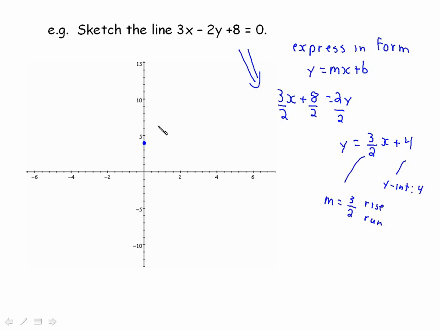So that slope is maintained throughout the entire length of the line. So starting at the y-intercept, I just go up 1, 2, 3, and then from that point I go across 2, and that gives me a second point, and that's really all you need to draw this thing. Just draw straight across, and then you should be fine with this.